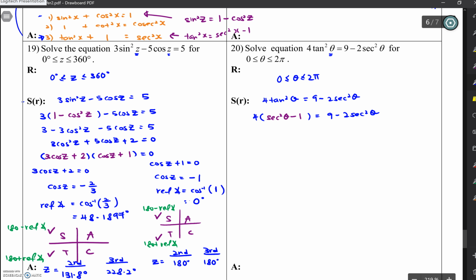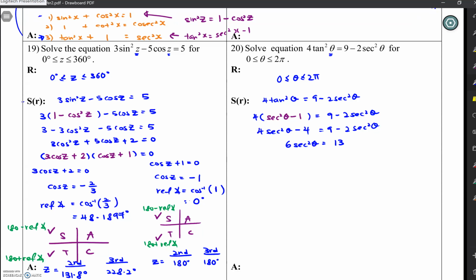For the next step, I'm just going to do an expansion. And do remember your expansion, 4 must be multiplied to 1 as well. Don't forget about that. Next thing, your algebra should be good enough. If I put all the secant square together, I'll get 6 secant square theta. If I bring the negative 4 to the other side, I hope you can see it's plus 4, so it will be 13. Okay, so we are at this step.